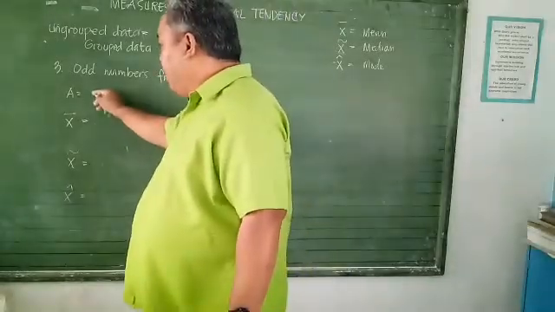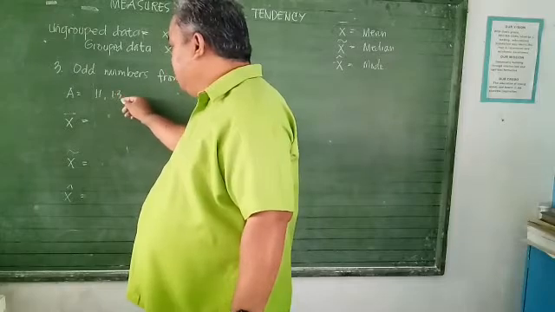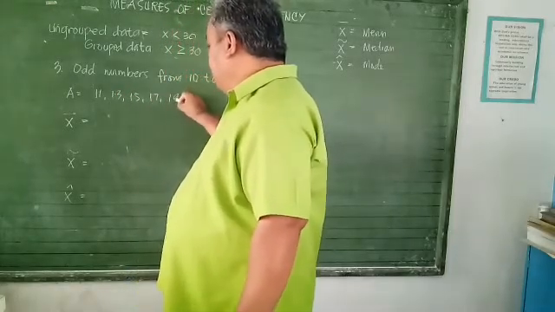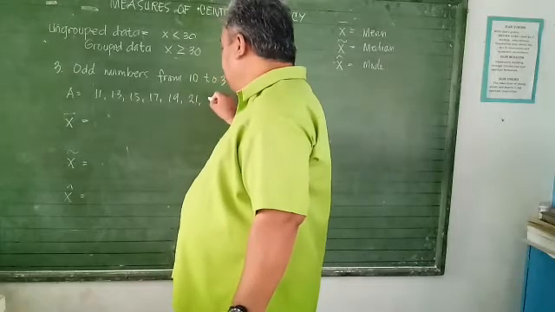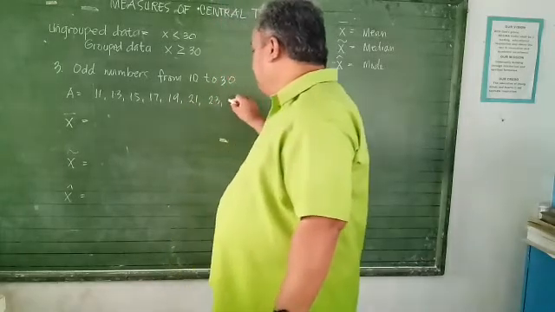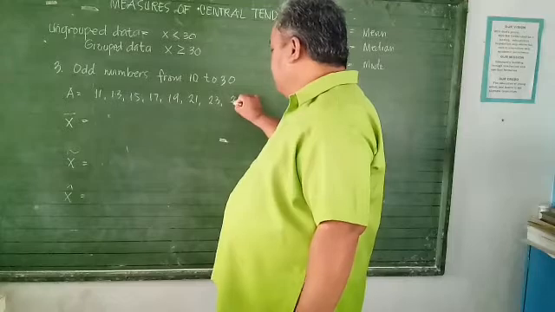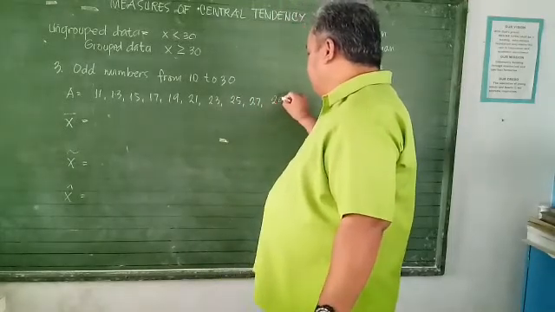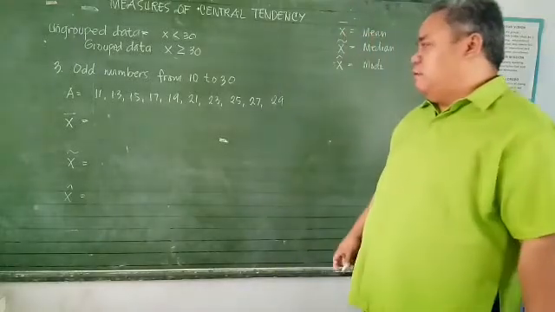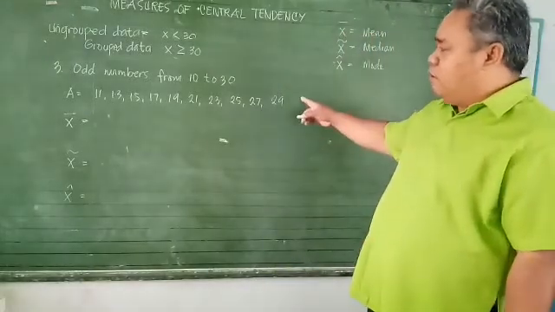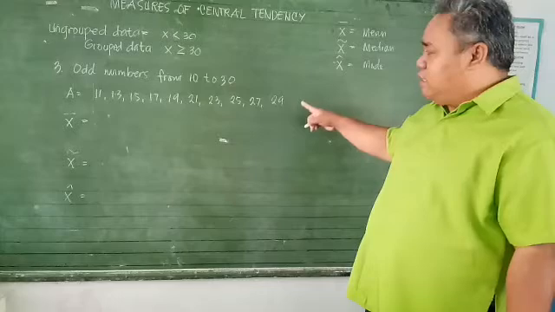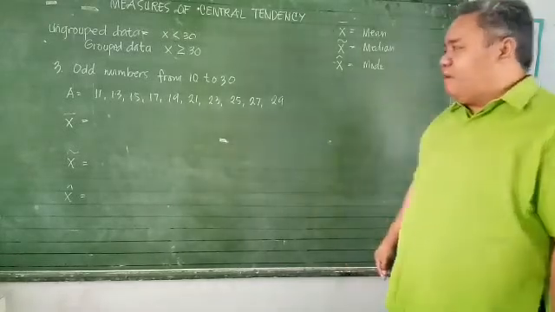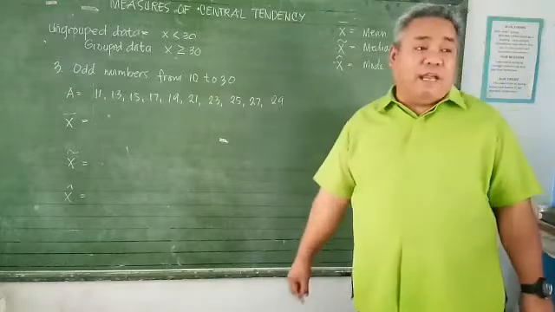Of course, we're going to start with 11, 13, 15, 17, 19, 21, 23, 25, 27, and 29.